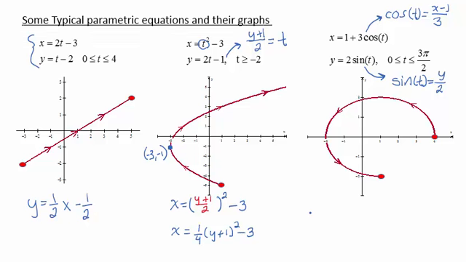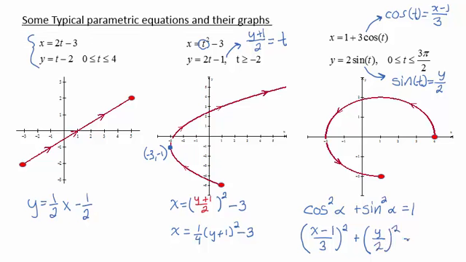And if we recall our fundamental unit circle identity, which says that the cosine squared of any angle alpha plus the sine squared of any angle alpha will always equal 1, and use these as substitutions for the cosine and the sine, we could write this as x minus 1 divided by 3, squared, plus y divided by 2, squared, equals 1.